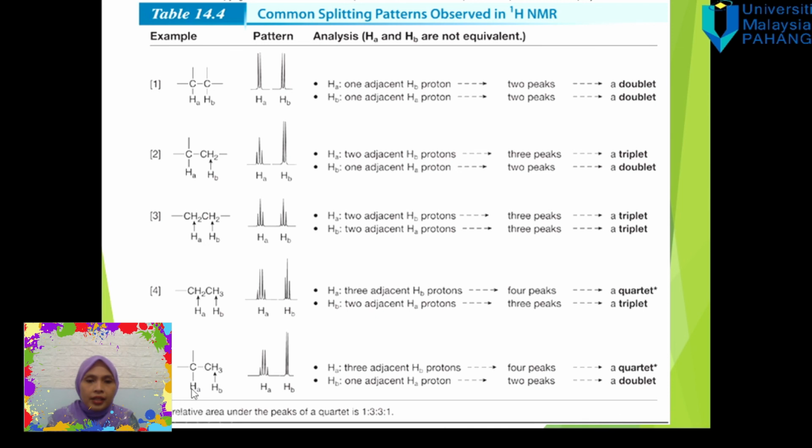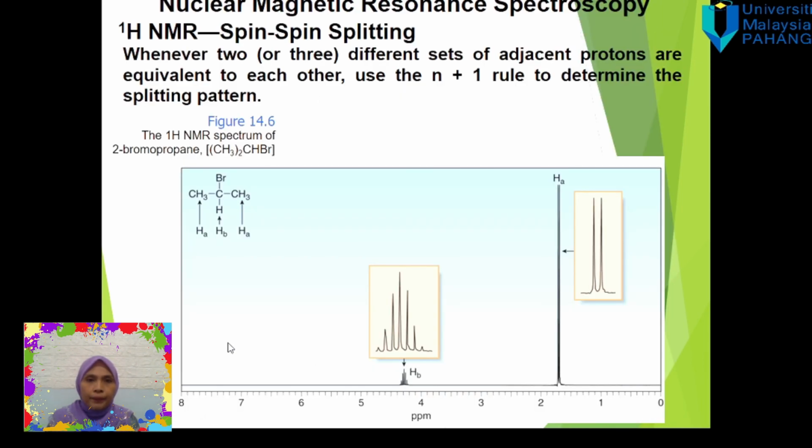For this signal it is a quartet, for this signal it is a doublet, because we use the rule n+1. So this is the splitting pattern for these cases. For the HA signal, we have to see the neighboring protons. From the right side only 1, so the signal for HA is a doublet. Why a doublet? Because in n+1, n is only 1.